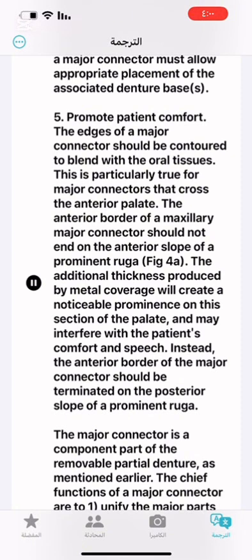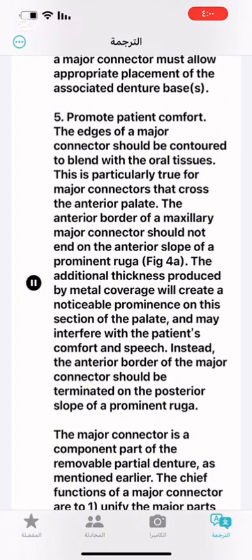3. Provide a means for obtaining indirect retention where indicated. A removable partial denture that is not supported at each end of an edentulous space tends to rotate about a fulcrum line.